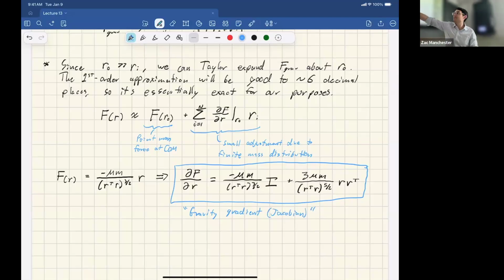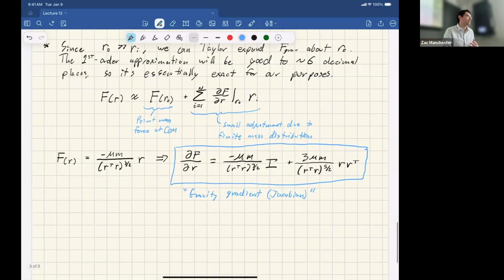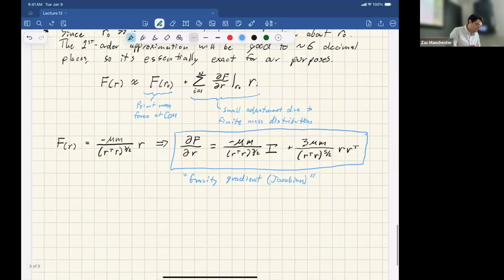I just took the gradient of the gravitational force with respect to r, but it's not really a gradient because it's with respect to a vector, so it's really a Jacobian matrix. But we're going to hand-wavily call it the gravity gradient. It really should be the gravity Jacobian. Okay, whatever, splitting hairs. So now we have the gravity gradient force, and now we're just going to take that and do the r cross F torque calculation with that thing.